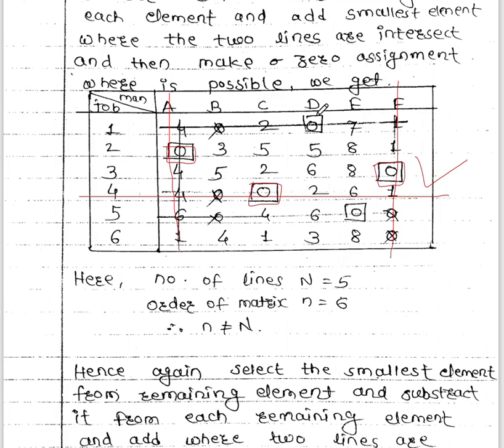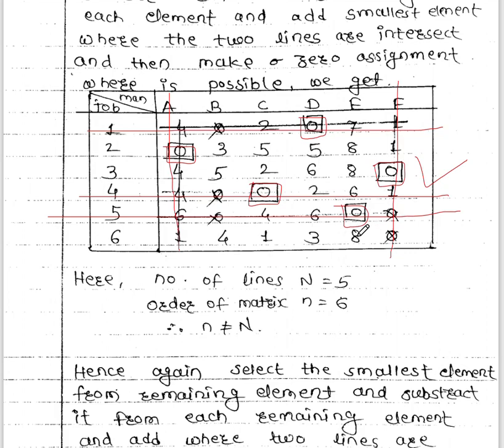In the fourth column there is only one zero at this cell, so we cross the first row. In column E there is only one zero at this cell, so we can make a zero assignment and cross row number 5. And in column F there is already a zero assigned. In this way we can make the zero assignment.